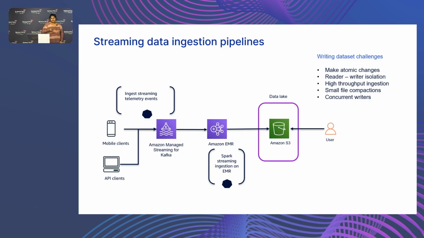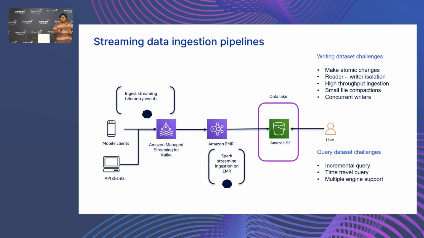And now on the querying side, again, you have certain challenges while reading the data too. First, you may want to run incremental queries. Like I said, you may want to know what changes are being made to your data set over a period of time. You may also want to run time travel queries or point-in-time queries to know how a particular record or table looked at a particular point in time.